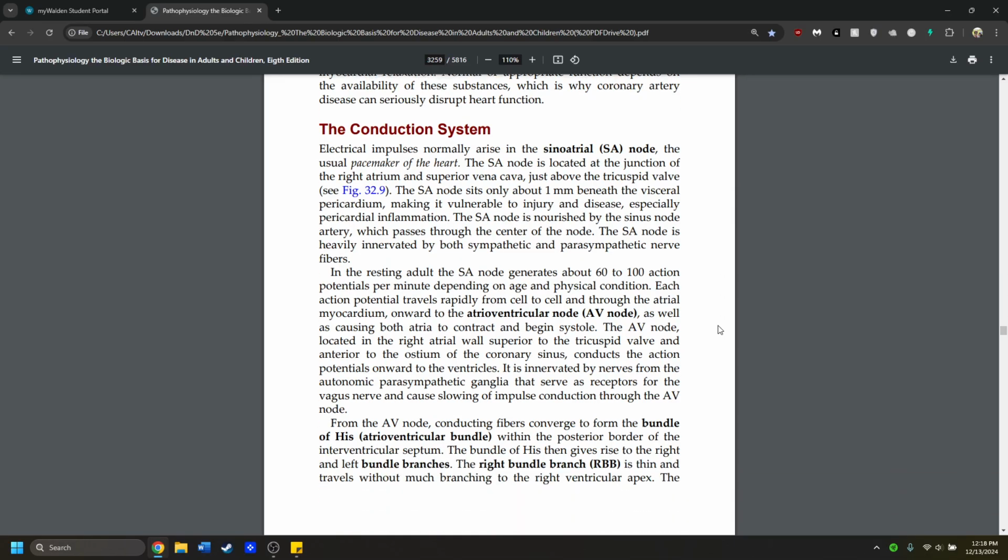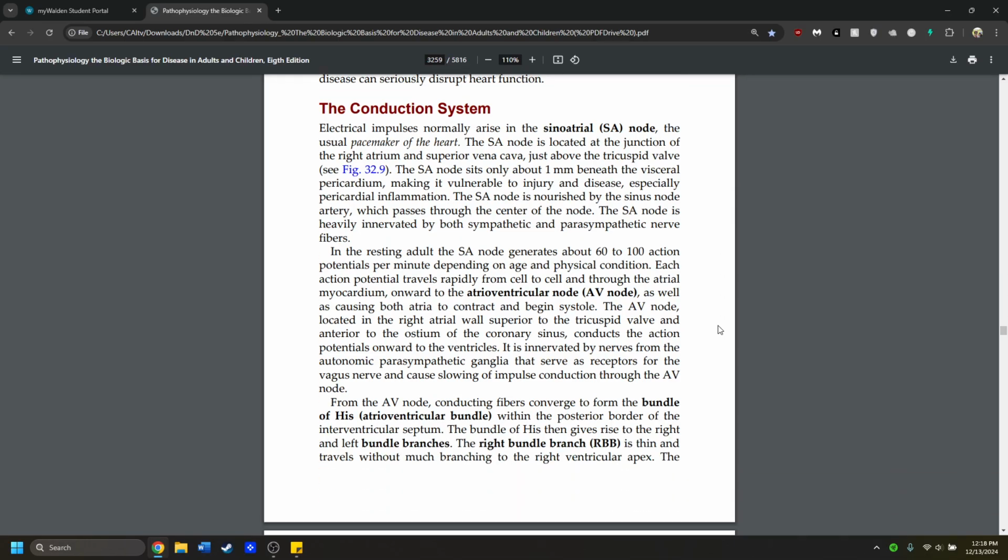Then it comes down to our conduction system. Electrical impulses normally arise in the sinoatrial or SA node, the usual pacemaker of the heart. The SA node is located at the junction of the right atrium and superior vena cava, just above the tricuspid valve.